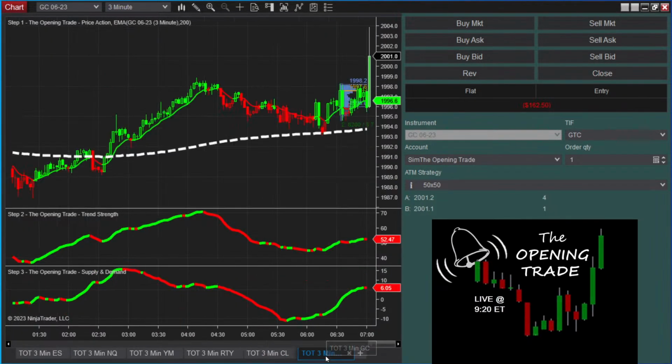So we see that the JOLTS job openings came out lower than forecasted, so that is not a great thing.